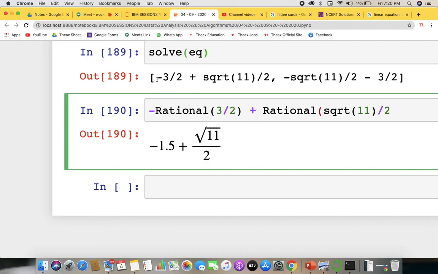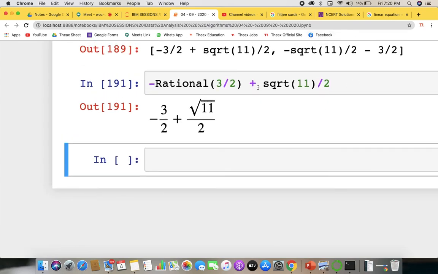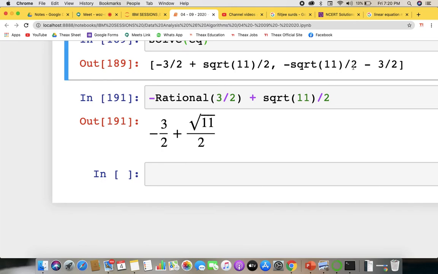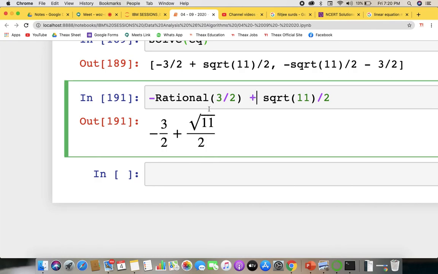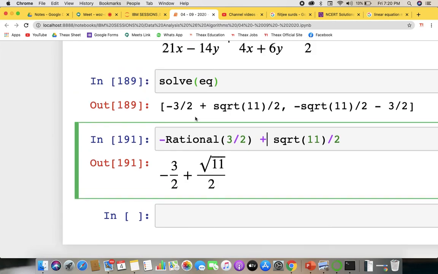Okay, yeah. It's just Rational of 3 by 2. So minus 3 by 2, something like this. So minus 3 by 2 plus square root of 11 by 2, and the second one is minus square root of 11 minus 3 by 2. That is the plus minus. Okay, that's the root. So you got the values of x, right?